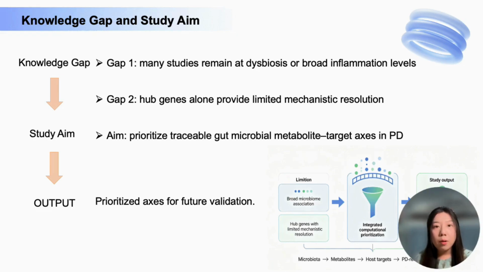Therefore, our aim was to prioritize traceable gut microbiome metabolite target access in PD. The output was not proof of treatment effect. It was a set of candidate axes for future validation.